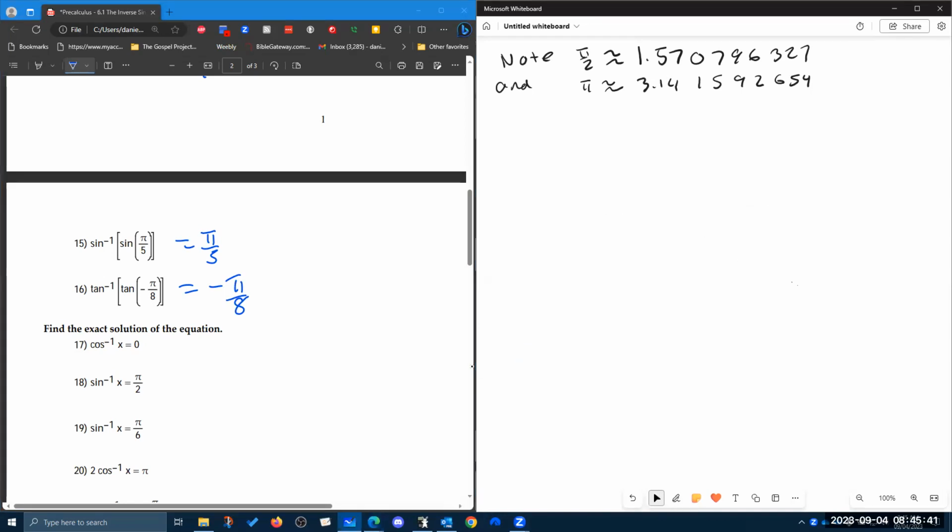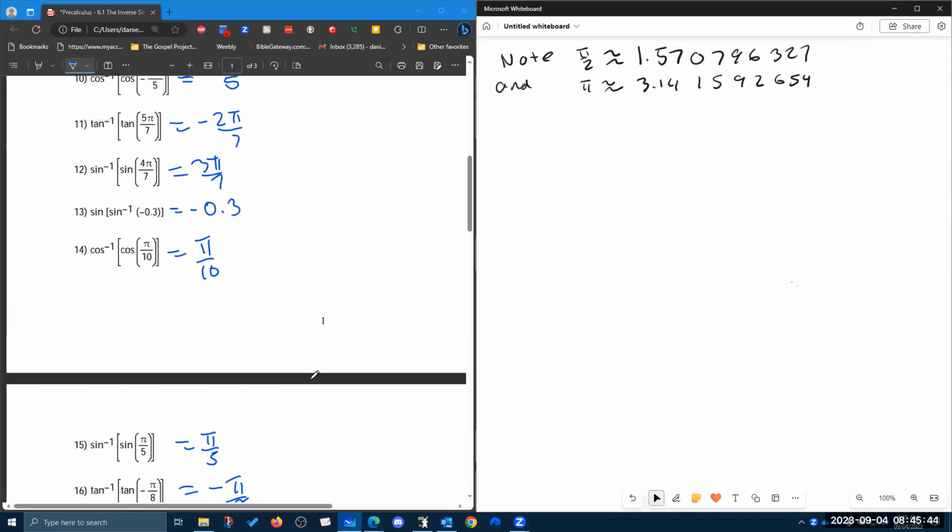Okay, that's it for these compositions. I'll draw one picture here for something that is just a little more complicated, because you will get these things. So let's say that I have something like arc sine of the cosine of pi over 6.